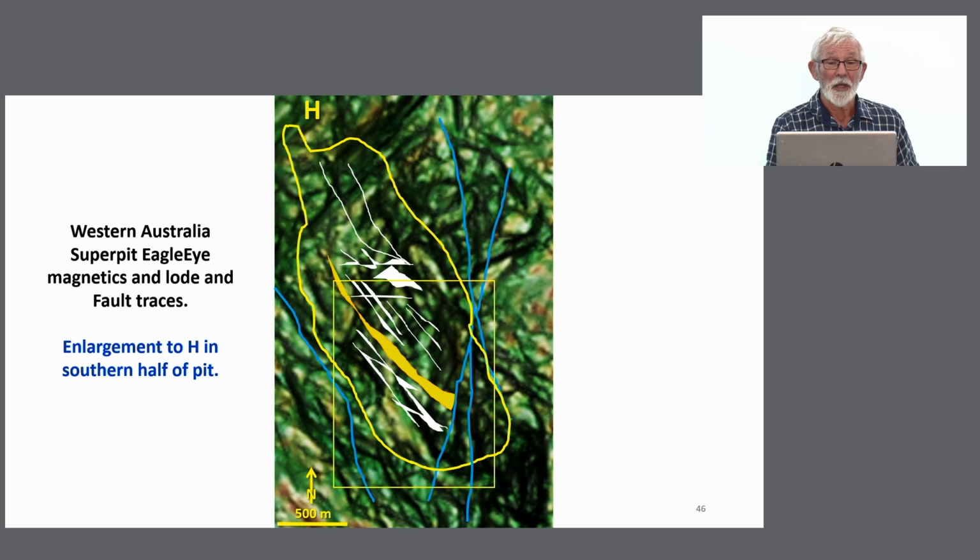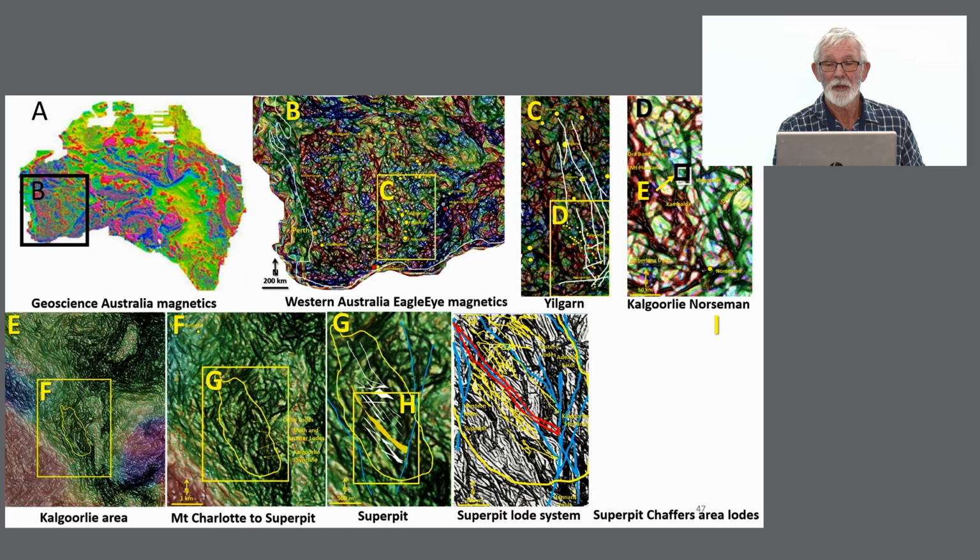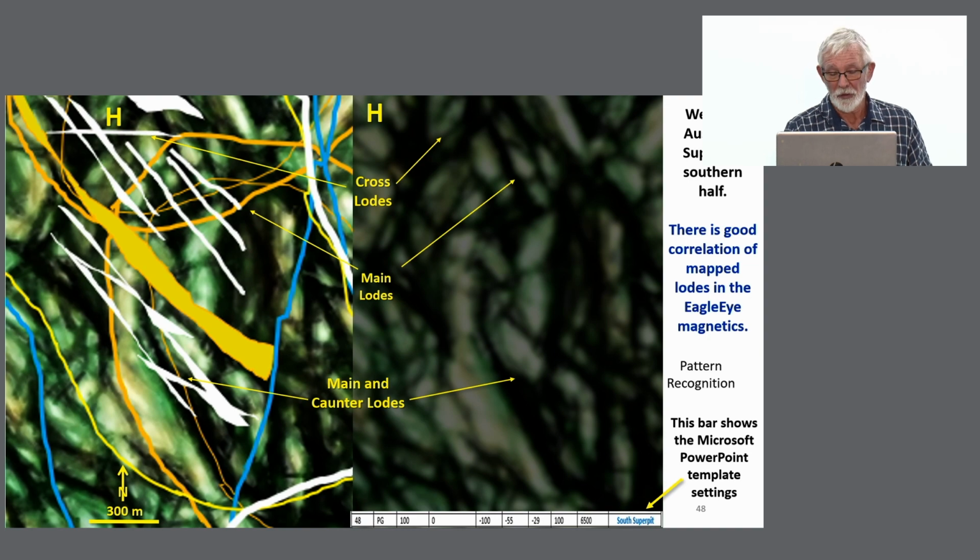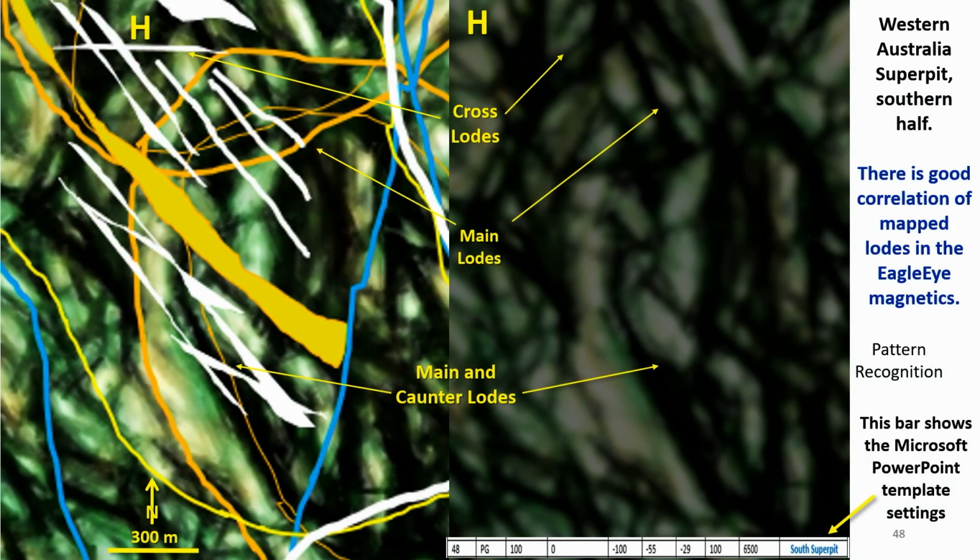And so we're now going to enlarge, coming into the southern part of the pit. We've done a cutout of the southern part, which is this one here, minus the lodes, and effectively use pattern recognition on this to once again darken it and get more of the structure in.